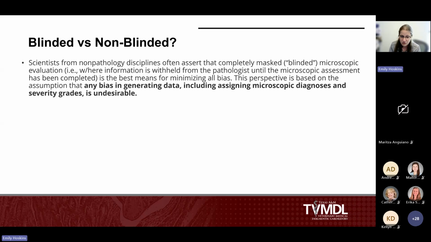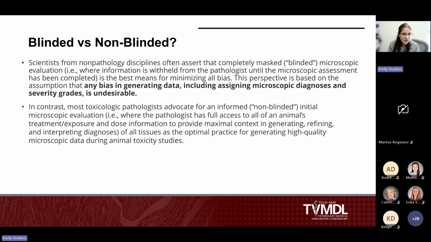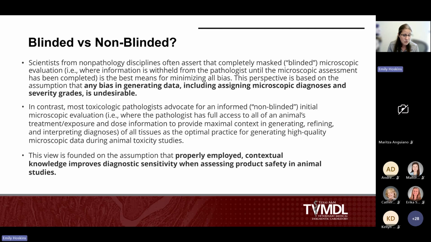And so in contrast, most toxicologic pathologists advocate for an informed or non-blinded initial microscopic evaluation. And that's where the pathologist has full access to the animal's treatment, exposure, dose information, and all that information. And so this view is founded on the idea that properly employed contextual knowledge improves diagnostic sensitivity when assessing product safety in animal studies.